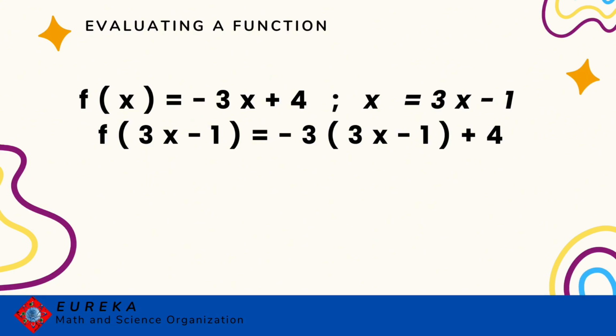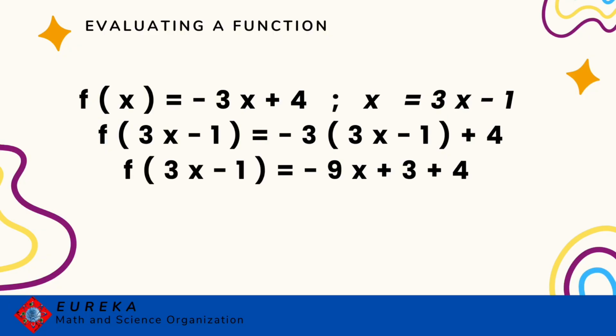Our next step is to use the distribution method. So negative 3 times 3x, we will have negative 9x. And negative 3 times negative 1, we will have positive 3. So we have negative 9x plus 3 plus 4. Then we will combine like terms. And the answer is f of x is equal to negative 9x plus 7.